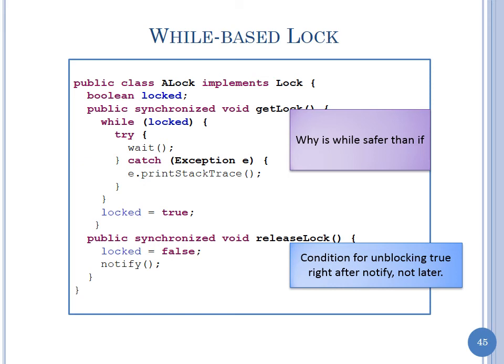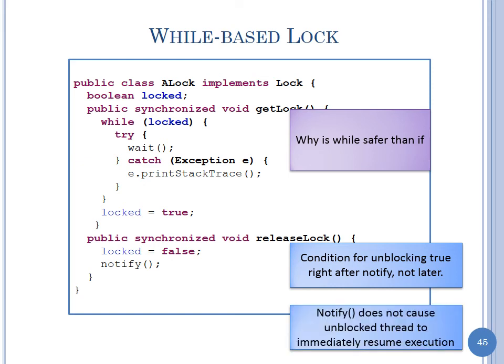So if the notified thread does not get to execute immediately, then it's not guaranteed that the condition it was waiting for is true now. So notify does not cause the unblocked thread to immediately execute. The condition is true right after notify.